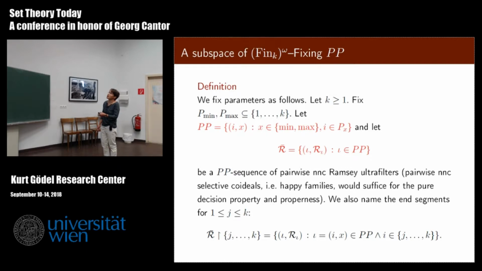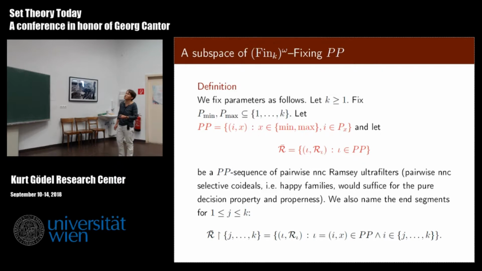You can also take just the full set, but then you always get an even number, 2k many parameters. And for each parameter, we fix a Ramsey ultrafilter over omega. And they shall be pairwise not nearly coherent. This will be on the next slide, so I will explain this.